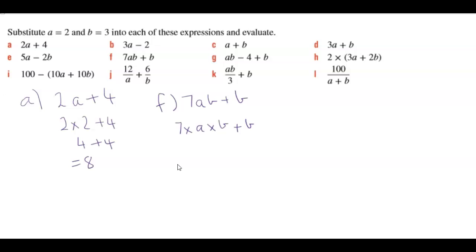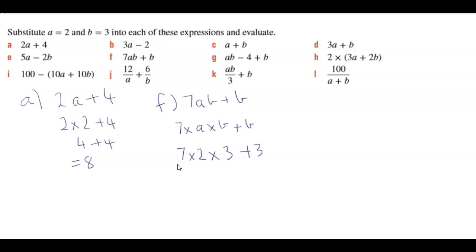Just make sure you don't get your multiply and your pluses mixed up, because you might get the wrong answer. Okay, so 7 stays. A, remember, is 2, so I'm going to put in the number 2 there. B is 3, so I'll put in the number 3, and then we've got plus b again, so it's going to be plus 3.